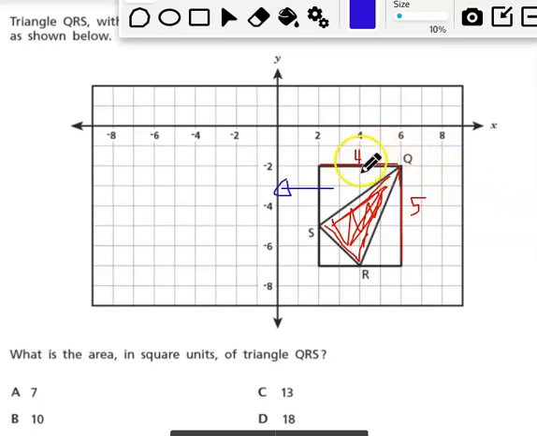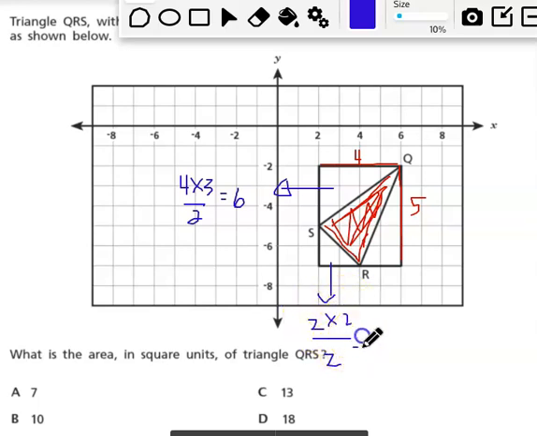They're going to be 1, 2, 3, 4. 1, 2, 3. So that's 4 times 3. And since it is a triangle, I'm going to divide it by 2. So that's 12 divided by 2, so you get 6. And how about this one? It's going to be 2 times 2. Since it's a triangle, I'll divide it by 2.